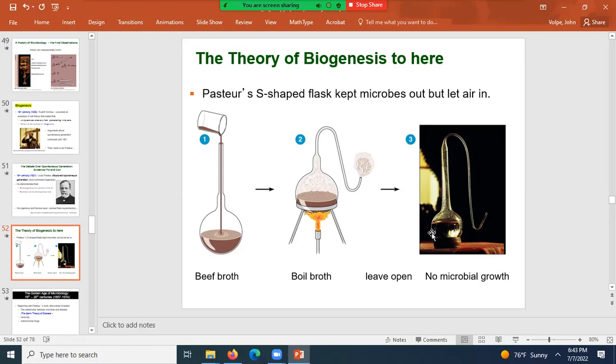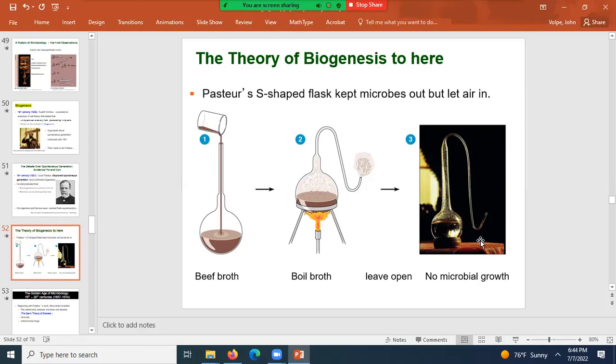However, he could get growth in the tube if he took the media and put it down to here and then brought the media back. What he showed was that microbes could fall down from the air, but then they're collected in this portion of the tube. They do not go up by gravity and then fall down into the media, unless you take the media down to here.